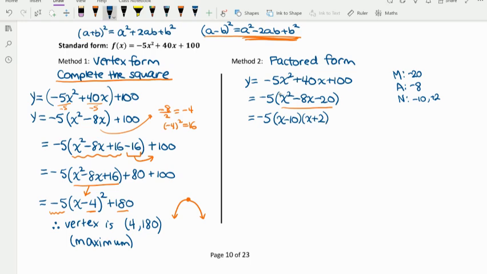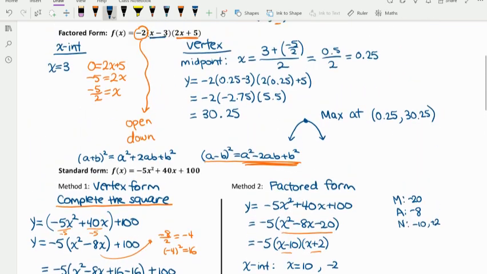If this was not a simple trinomial, you would have to go into decomposition. So my x-intercepts, I have x equals 10 and negative 2 from both of these brackets. So we're going back to our factored form that we did up here.